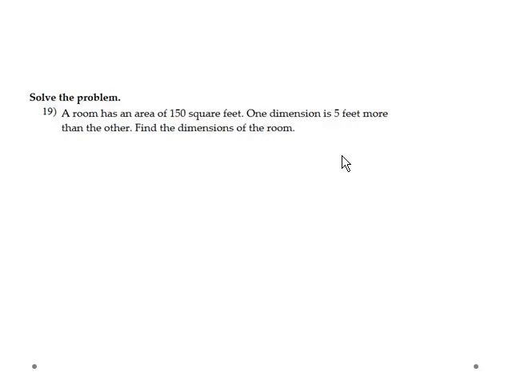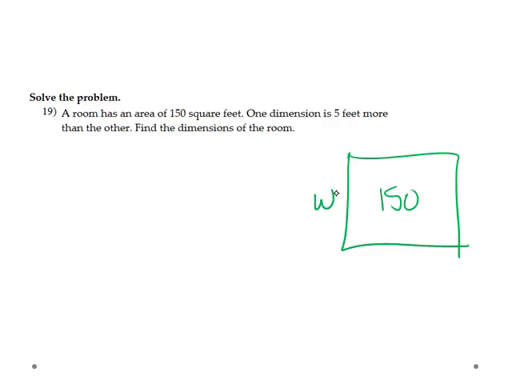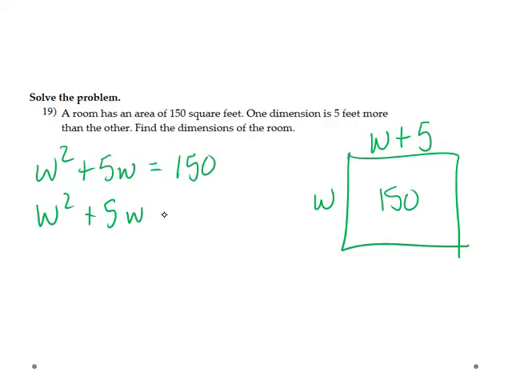A room has an area of 150 square feet. One dimension is 5 more than the other. So let's call it the width plus 5. So w squared plus 5w equals 150, or w squared plus 5w minus 150 equals 0. What two numbers multiplied equal 150, added equal 5?